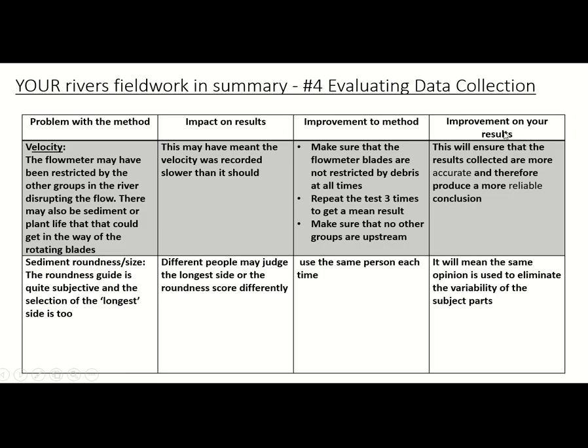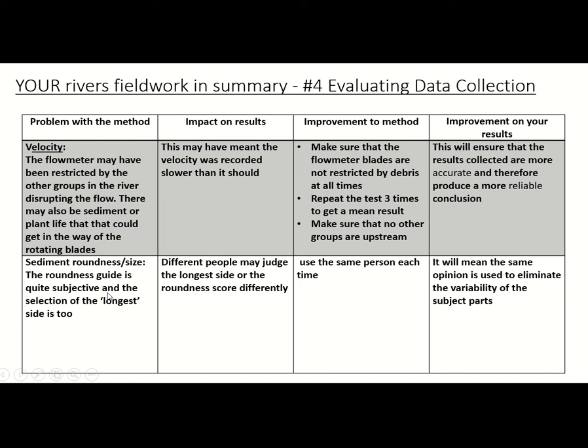And then how would that improve your results? Will it mean they're more accurate and therefore they're more reliable when it comes to the conclusion? Because if our conclusion is based on data we've collected which is probably not accurate, because it's been affected by the flow of people or the amount of people in the river, then our conclusion's not very reliable. We can't say with any certainty whether changes do occur downstream according to the Swannington Beck.